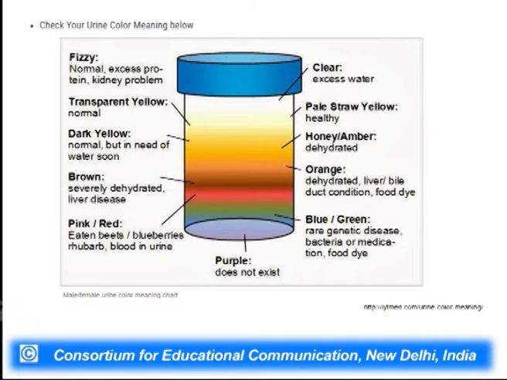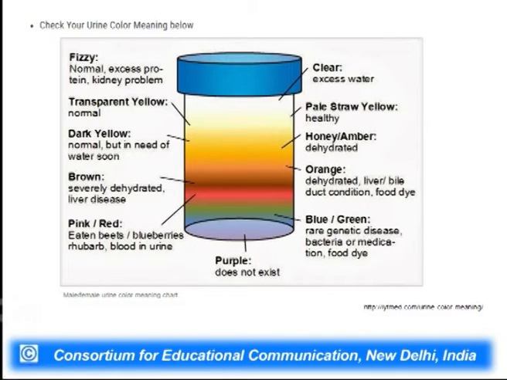Brown yellow shows a severely dehydrated person, or he or she may be suffering from liver disease also. Pink or red urine shows that the person might have eaten beets or blueberries, or there may be blood in the urine also.